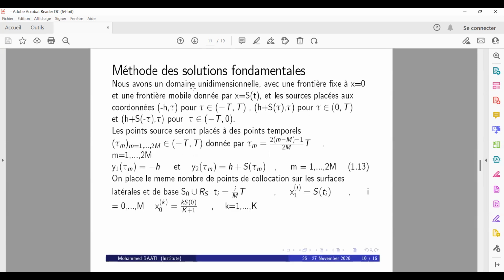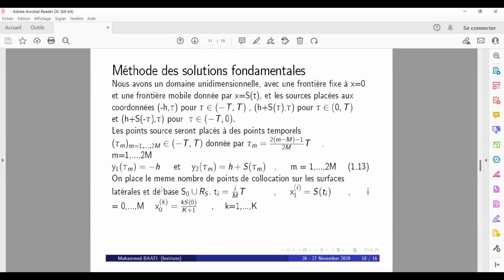Donc ici, on a la représentation du domaine. On a le domaine unidimensionnel, la frontière fixe x égale à 0 et la frontière mobile donnée par x égale à S(t), et les sources placées à moins h et h plus S. Les points sources sont placés suivant y1 de t_m et y2 de t_m.